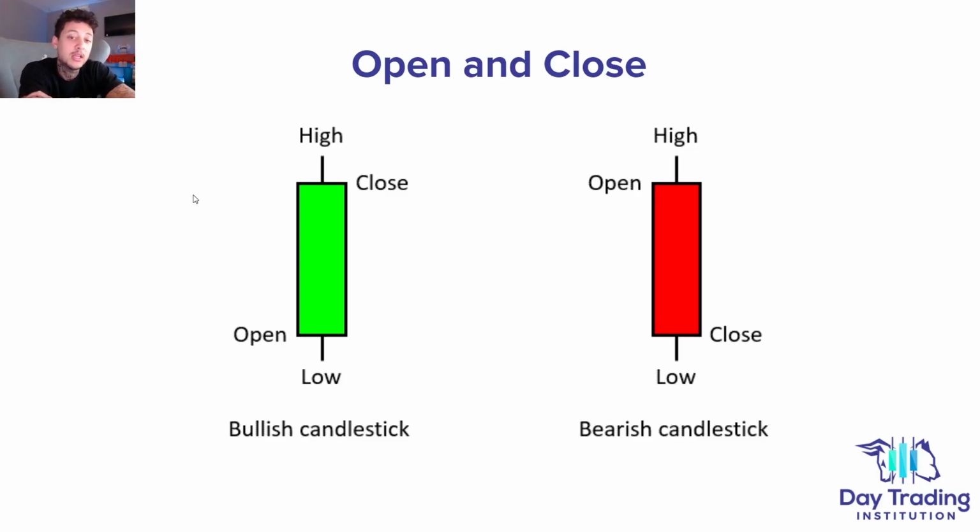Typically in the market, when a bullish candlestick closes, the next candlestick will open shortly after that. So we want to think about it as whatever this candlestick closes, the next candlestick will open where the previous candlestick closed. I'm going to repeat that one more time, right?